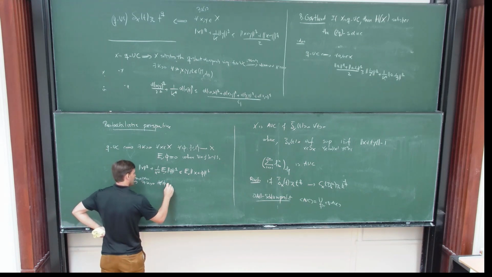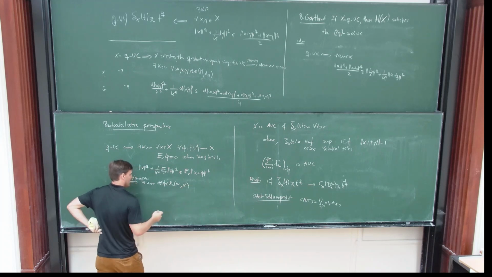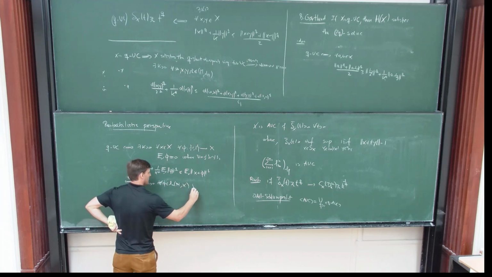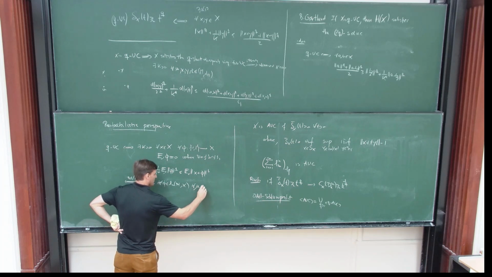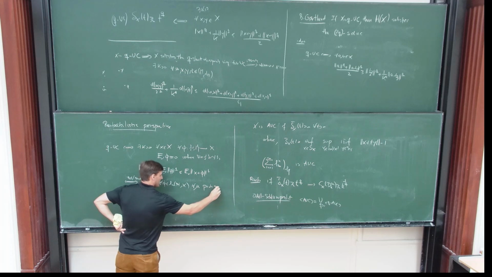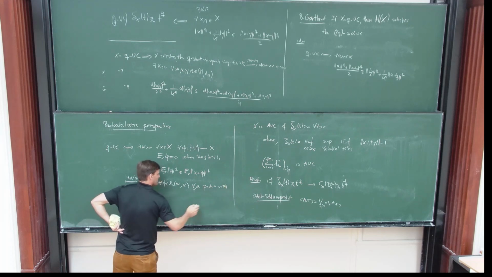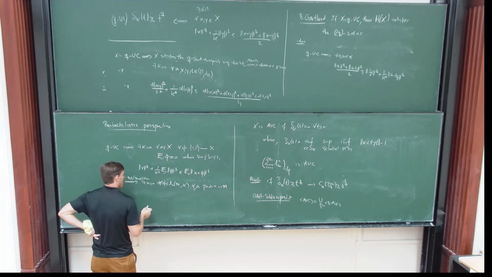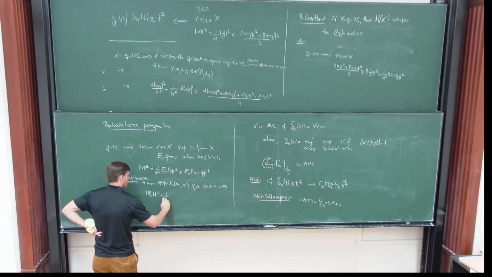For every map that is bounded, so it's a bounded sequence, for every probability measure on n, you have this.